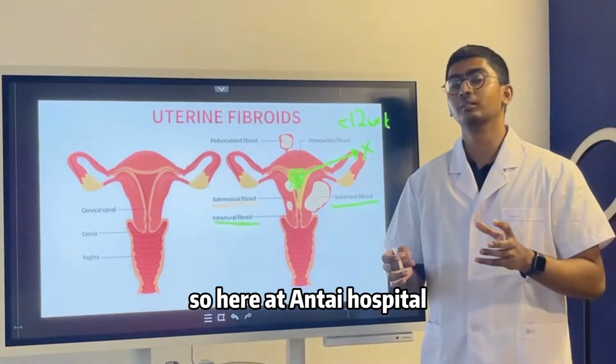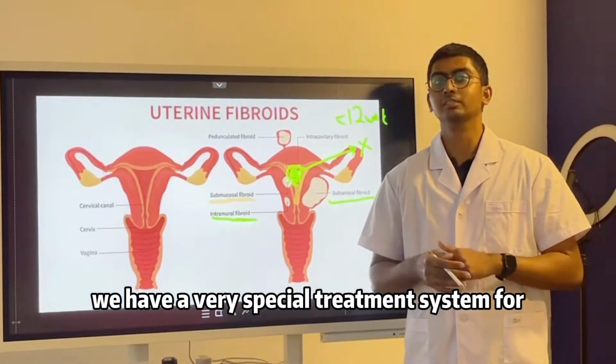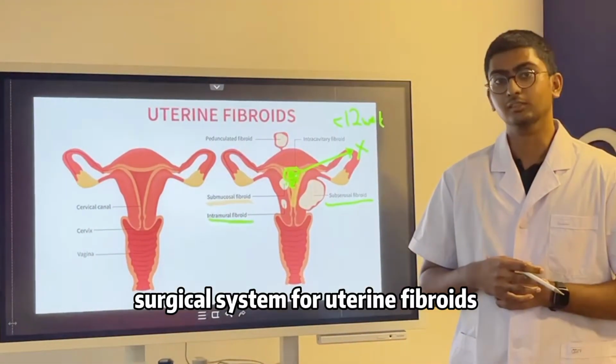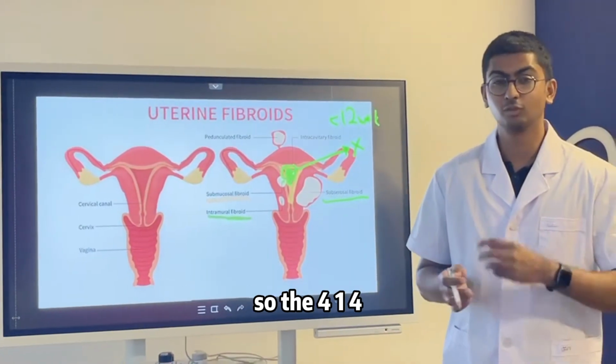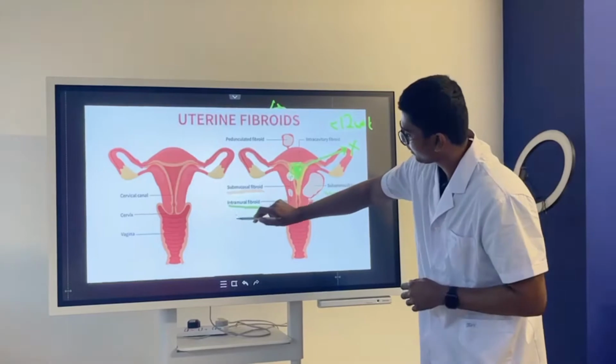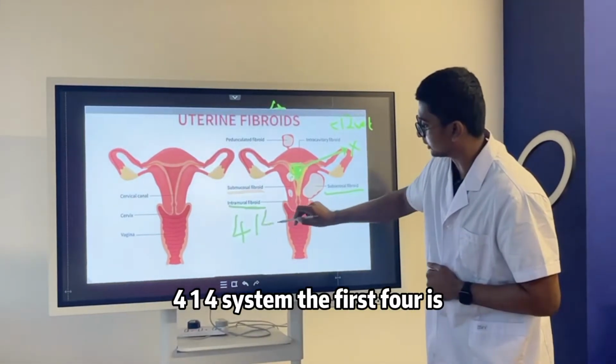So here at the hospital, we have a very special treatment system for uterine fibroids. We call it the Antai 414 surgical system for uterine fibroids. So the 414 system.